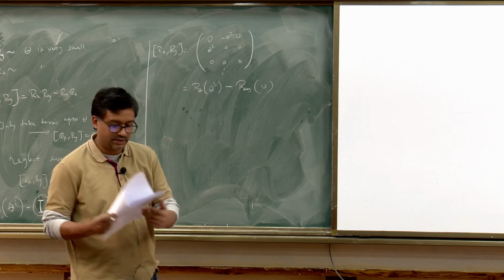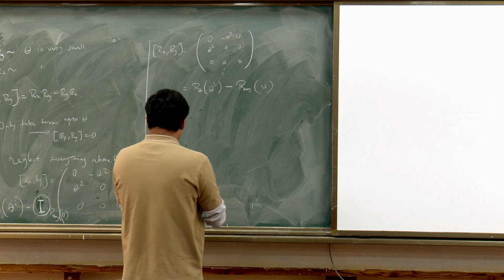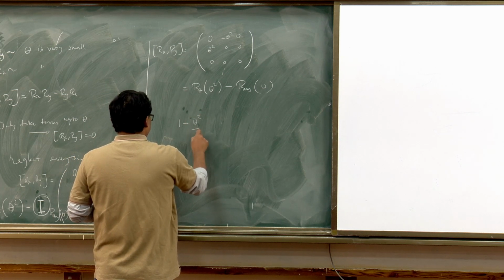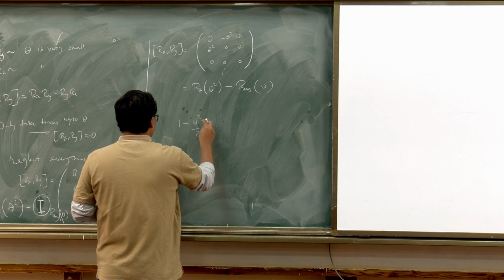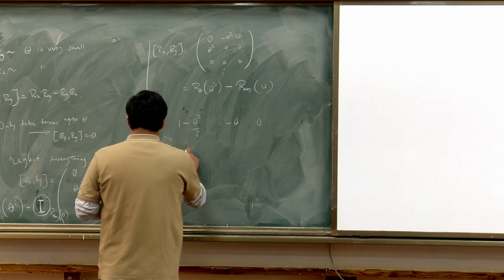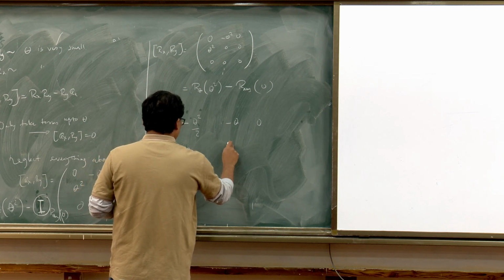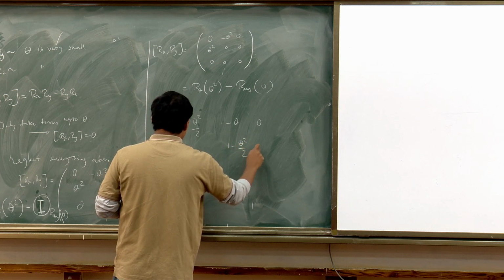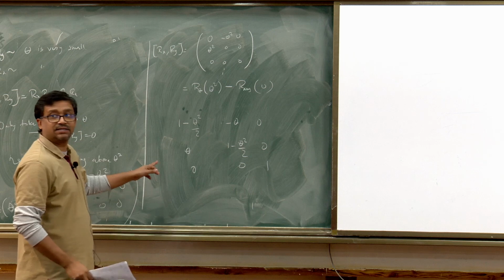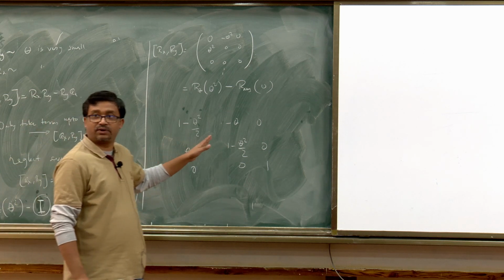What was Rz? Rz was 1 minus theta square by 2, minus theta 0, theta, 1 minus theta square by 2, 0, 0, 1. That was Rz if you take up to theta square.